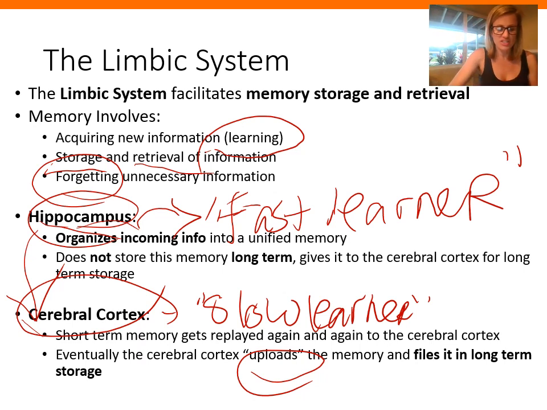So she doesn't have the ability to file memories in long-term storage. She can remember everything from before she had an accident and damaged her brain, but she can't form new memories. So every day she'll experience something, and then when she wakes up the next day, she doesn't remember what happened the day before. That's what they were trying to show you, when the transition from the hippocampus to long-term storage does not occur.